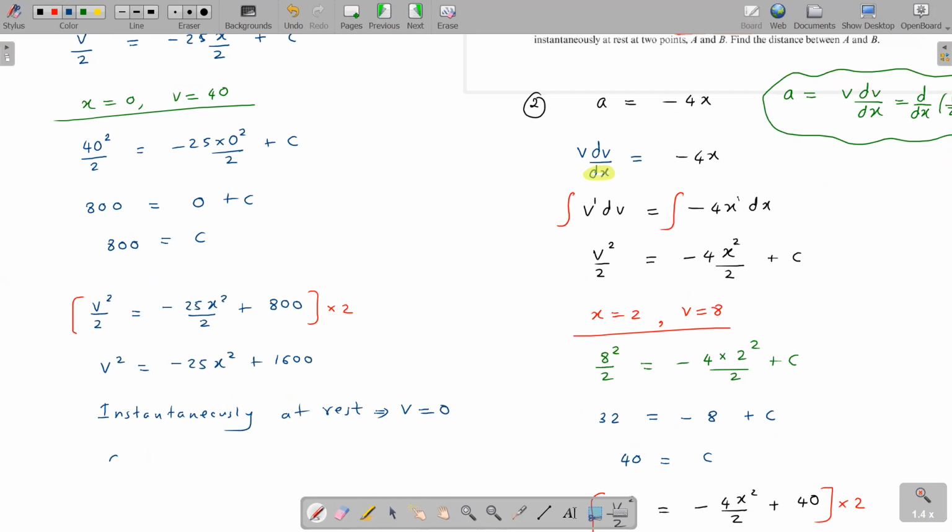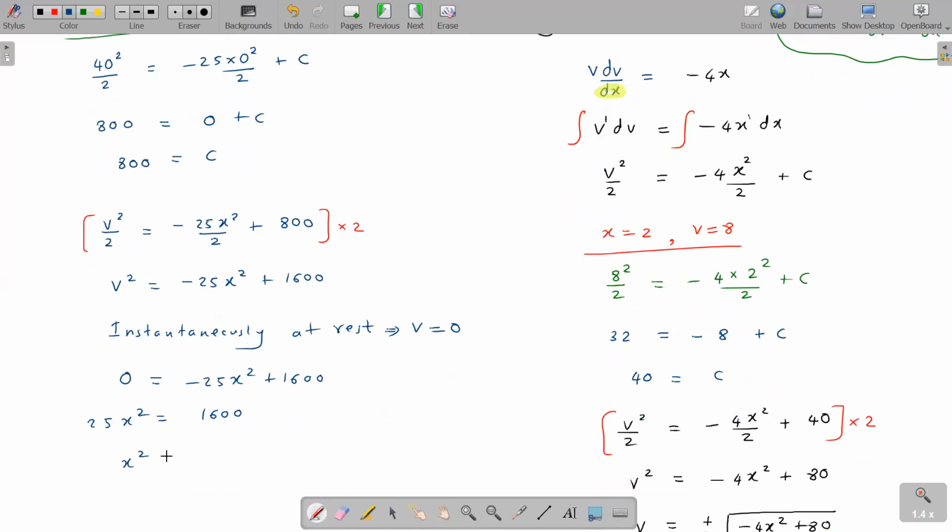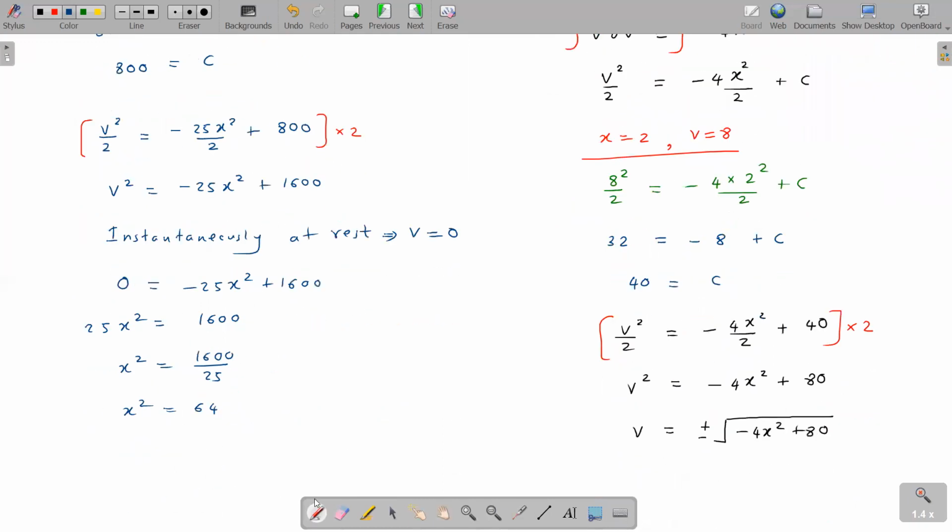So input velocity 0: 0 equals minus 25x squared plus 1600. I'll bring the minus 25x squared to the other side as plus 25x squared equals 1600. So x squared equals 1600 divided by 25. How much is it? 64.